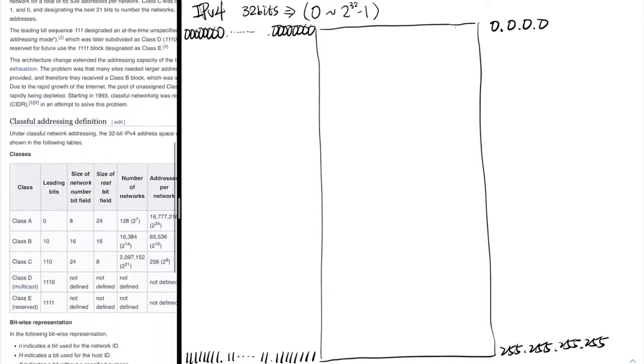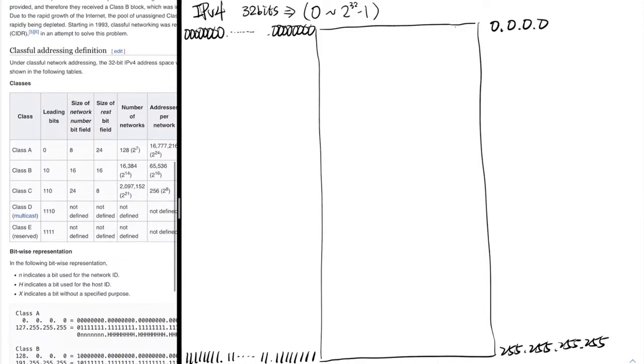So at that time, they had a table like this. We call it the classful addressing definition. Basically, in these 4 billion IP addresses, we have several different classes.